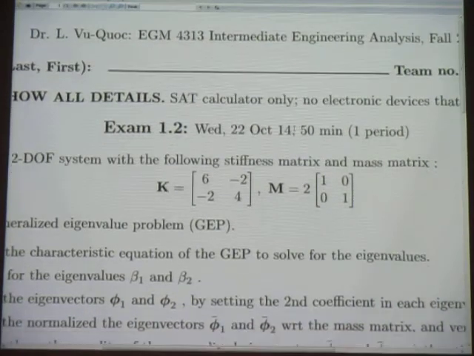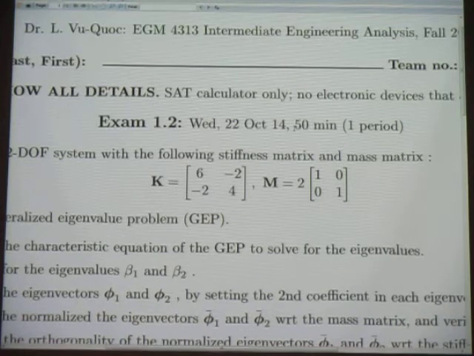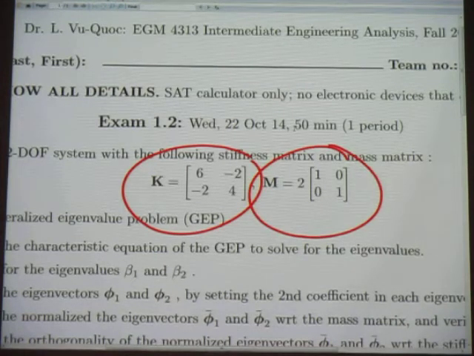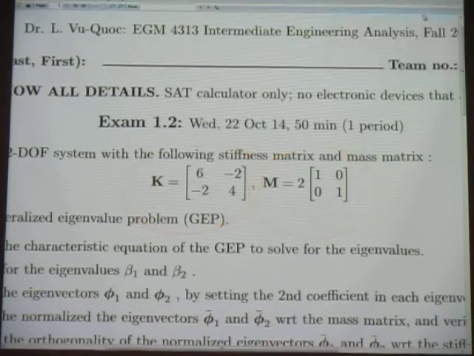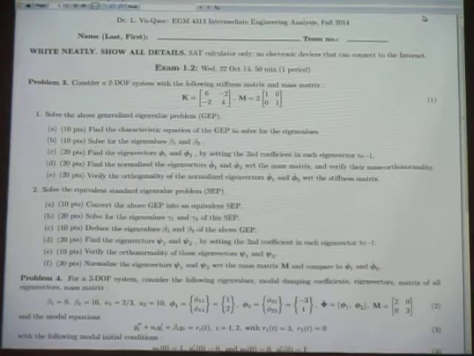Okay, so this is the statement of the problem here. You are given the stiffness matrix and you are given the mass matrix. And the question is, solve the generalized eigenvalue problem. And by now, you should know the method, right? What was the method?